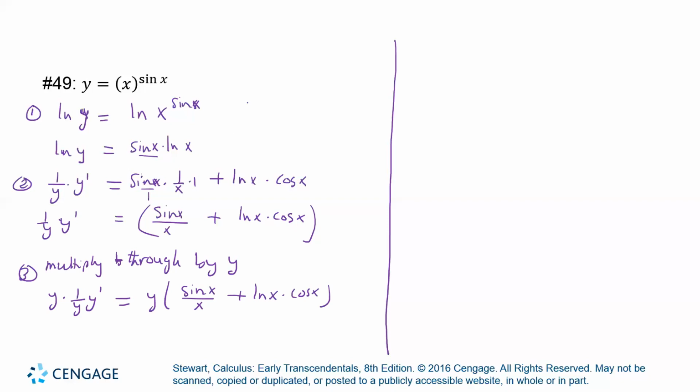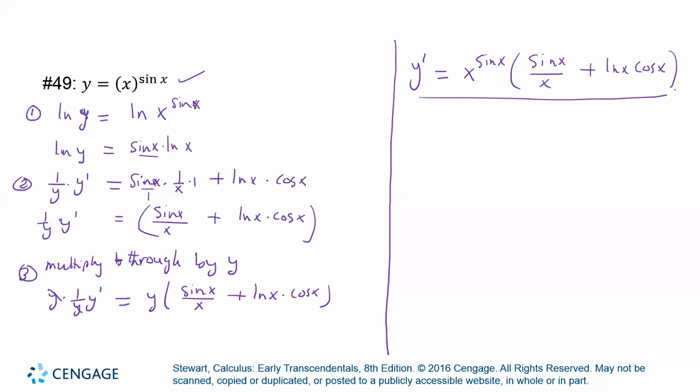Okay, but what is my y? Go back right here. So the y's will cancel, therefore your y prime is equal to x raised to sine of x times sine x over x plus natural log of x times cosine of x. And that is our answer.